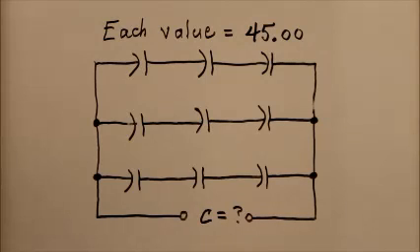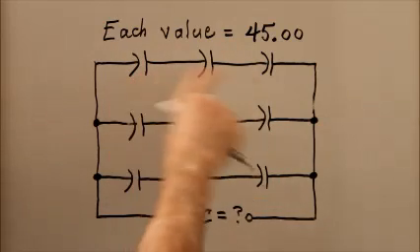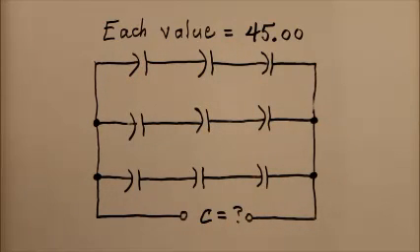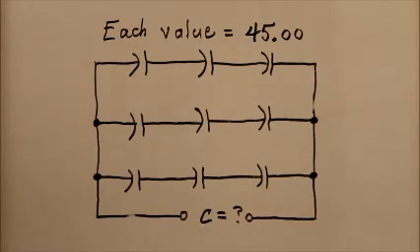Well, first of all, we should remember that whenever we have a symmetrical matrix, 3 by 3, 4 by 4, 10 by 10, any kind of a symmetrical matrix of components, and if those components all have identical values, which they do in this case, then the net value of the entire matrix will be the same as the value of any one of the individual components.